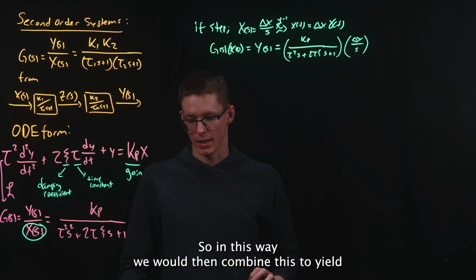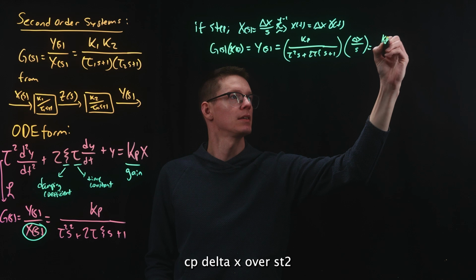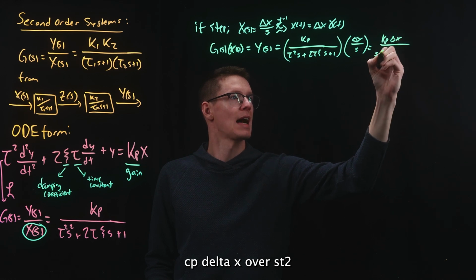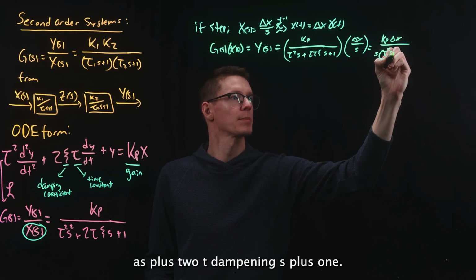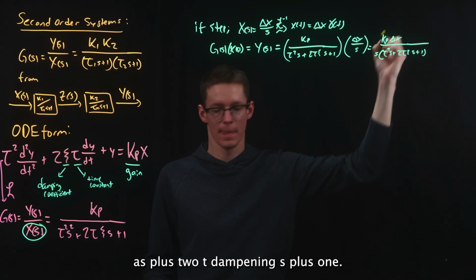We would then combine this to yield kp delta x over s times (tau squared s squared plus 2 tau zeta s plus 1).